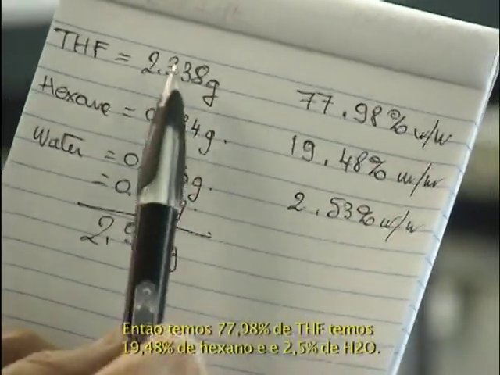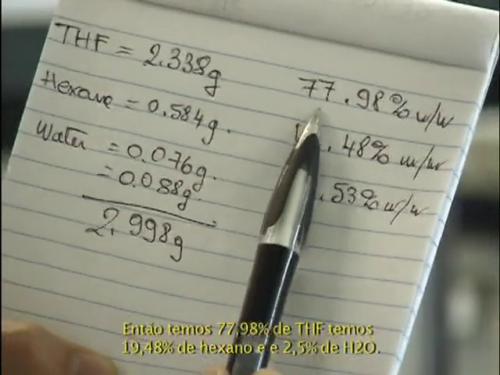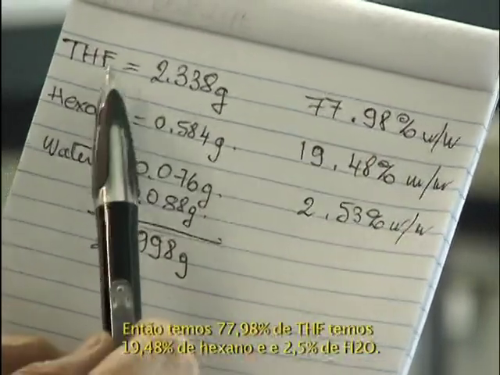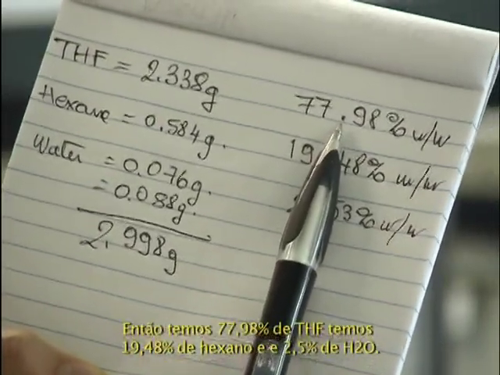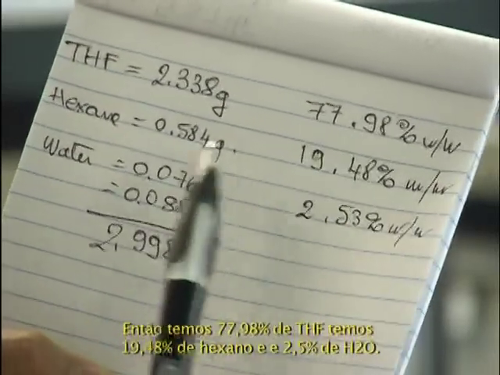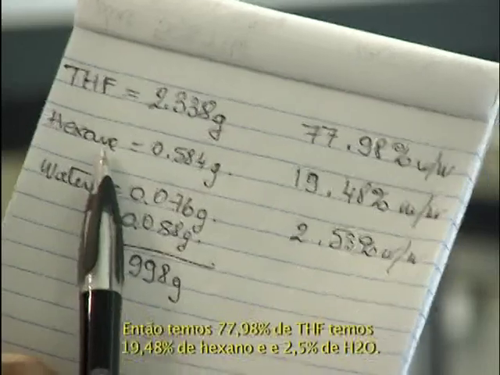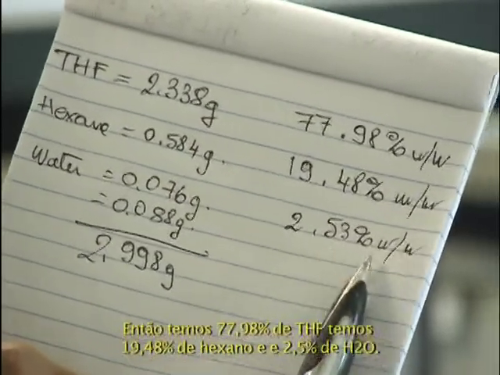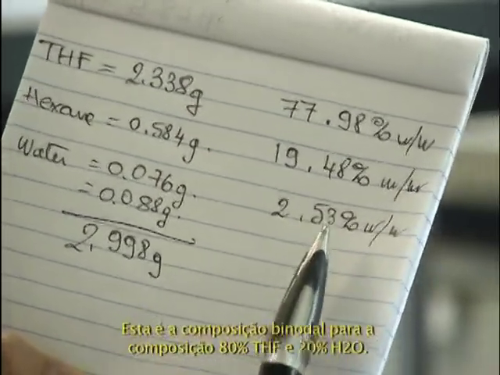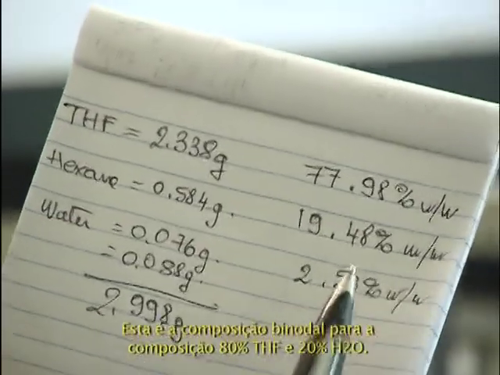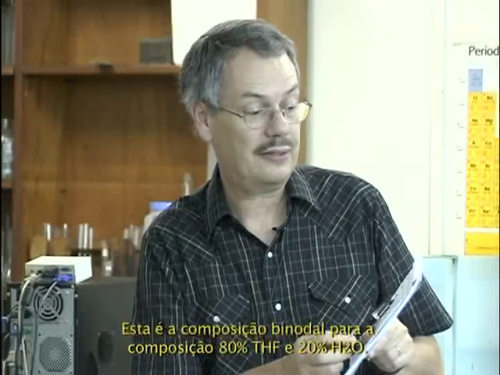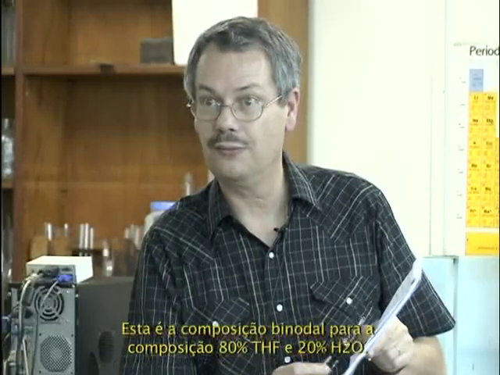So this mass is 77.98% of THF, 78% THF. And we have 19.5% of hexane and 2.5% of water. That's the binodal composition for 80% THF, 20% water.